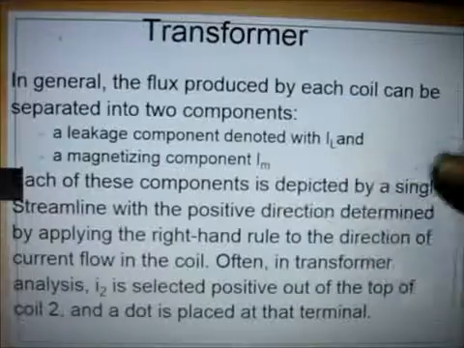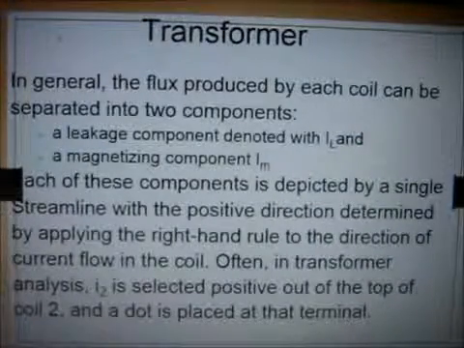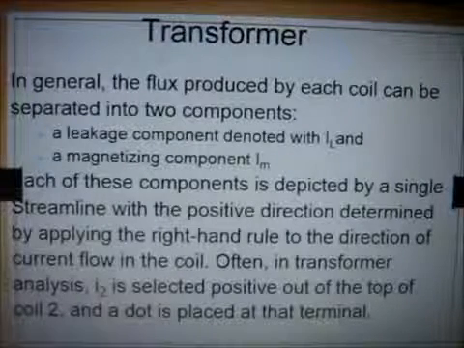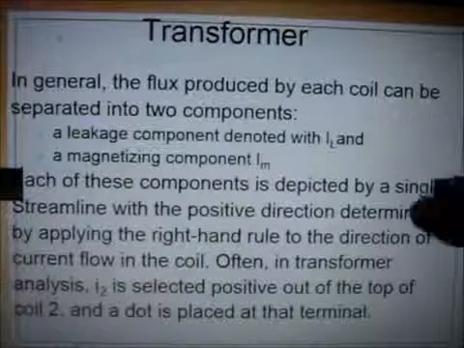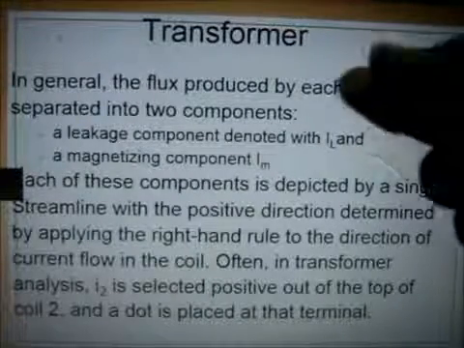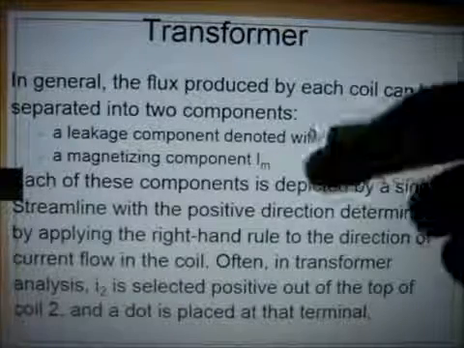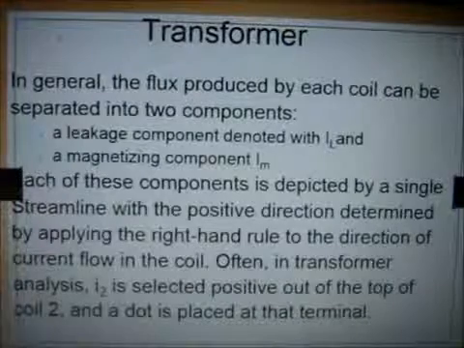If any one is known, we can find the other. Often in transformer analysis, I2 is selected positive out of the top of the coil and placed with a dot. The point which comes out of the paper or the screen is represented as a dot, and whichever goes inside the paper or the screen is represented as a cross mark.